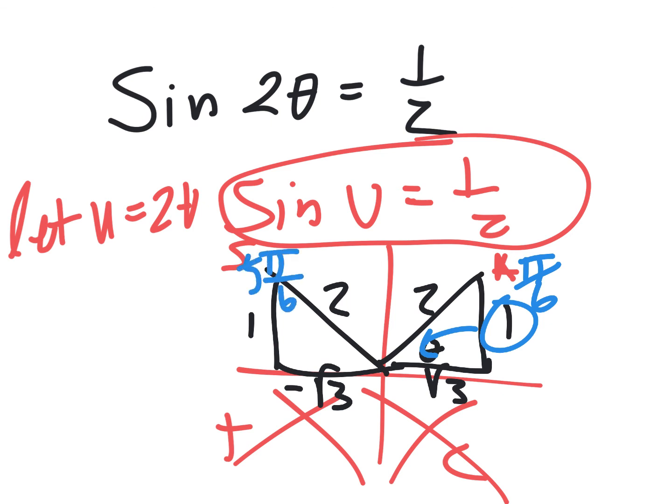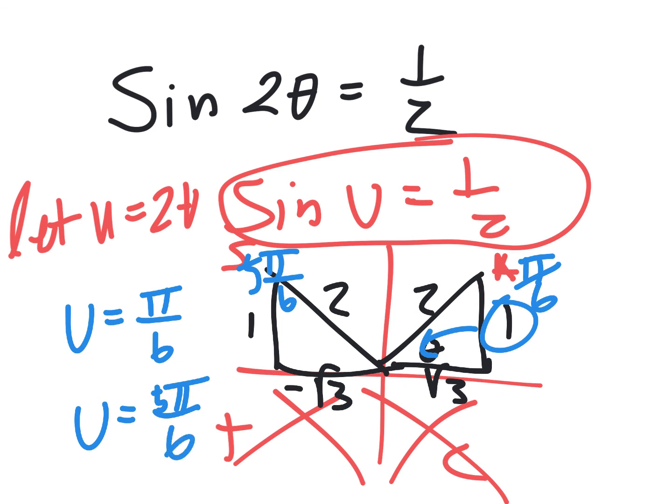But I can't stop there because u is equal to pi over 6, and u is equal to 5 pi over 6. And do you get that u is actually 2 theta? So I got to change this to a 2 theta and change this to a 2 theta. And then at the end, it's really pretty simple. You just have to multiply by 1/2.